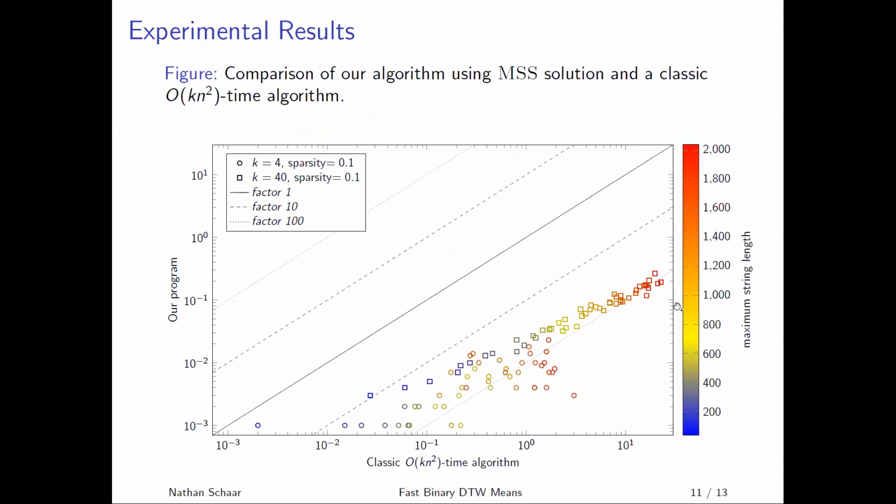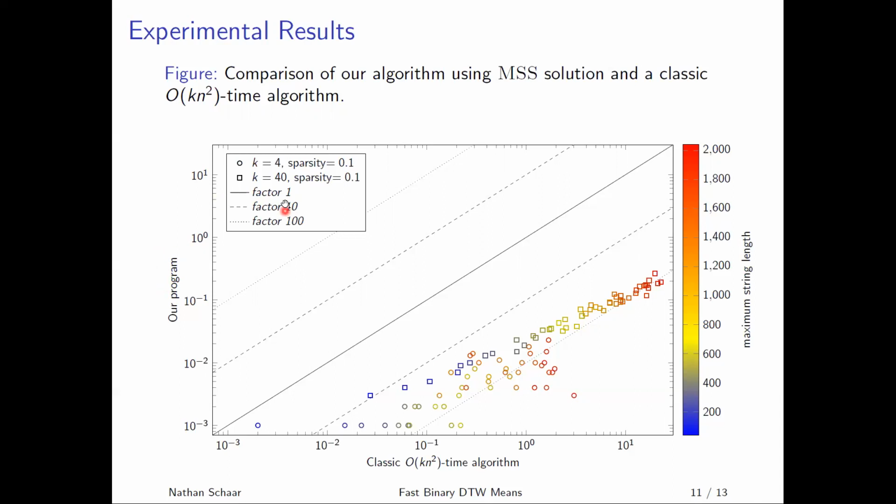And here we can see some comparison of the slightly improved k to the k times n squared algorithm. This basically just uses a basic dynamic program, but with some tricks. And our program that runs in this run-length encoding dependent time.